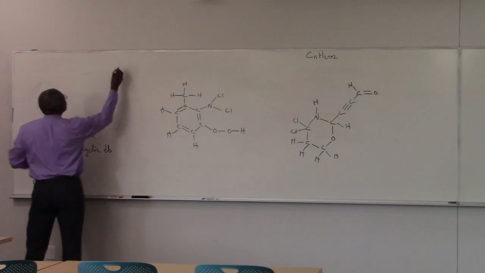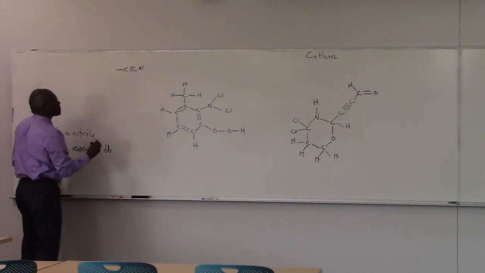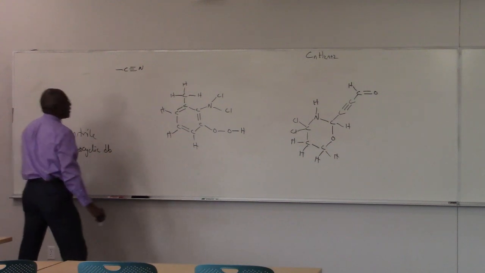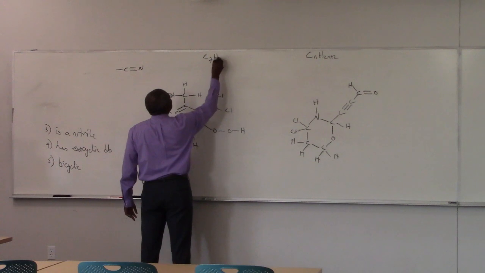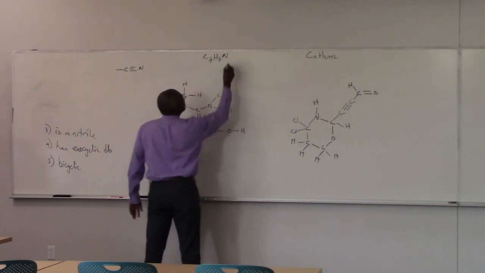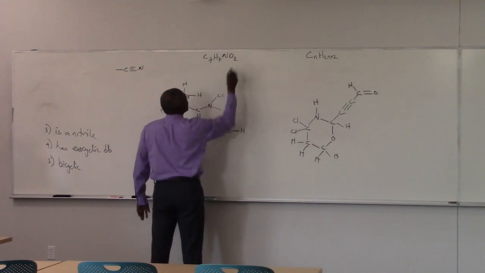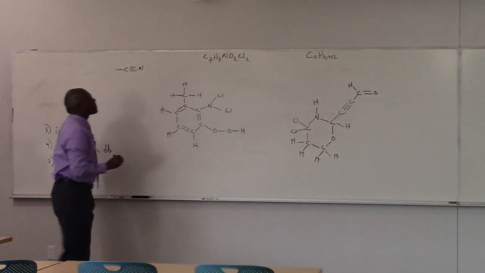So it's got a C triple bond N. Well, that consumes, good God, that's great. So C7H7NO2Cl2, right? C7H7, yeah, that's right.